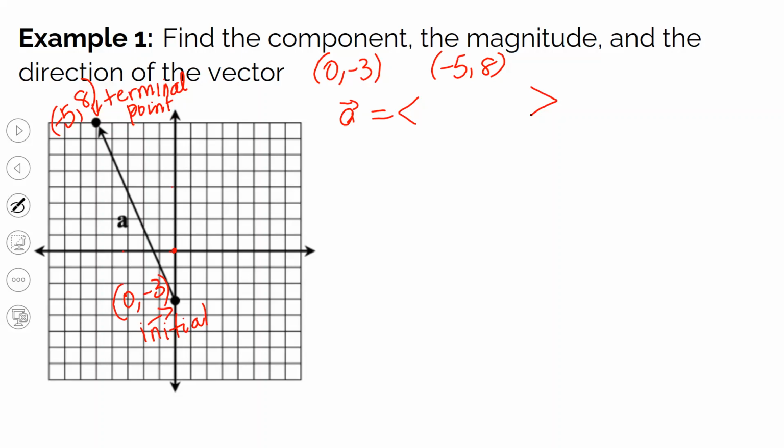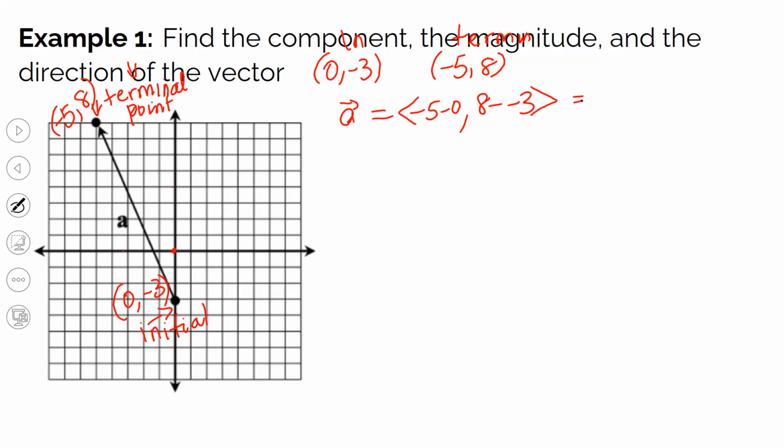So always you are subtracting the initial from the terminal. This is the terminal, this is the initial. So we do -5 minus 0, comma, 8 minus -3.